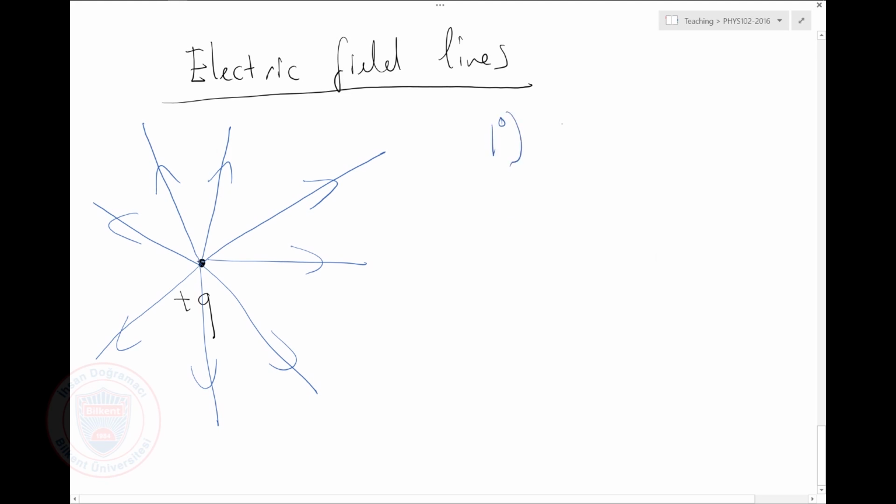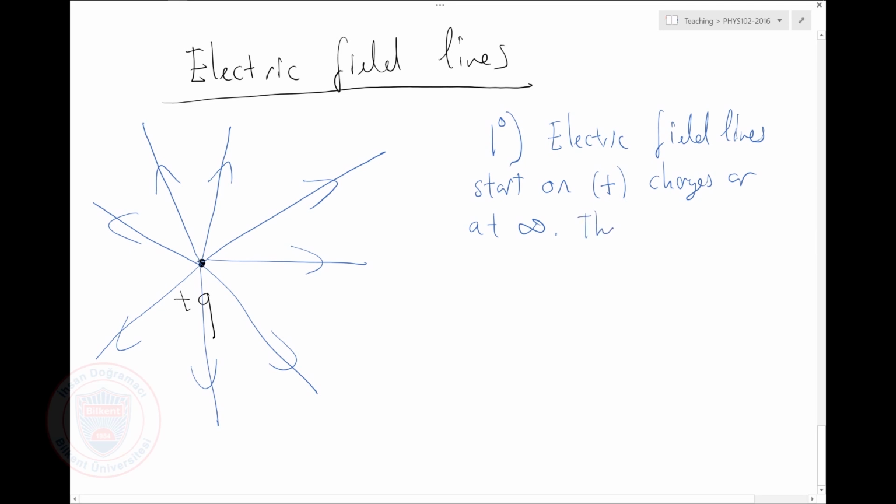The first rule is electric field lines start on positive charges or at infinity. They end up on negative charges or at infinity.